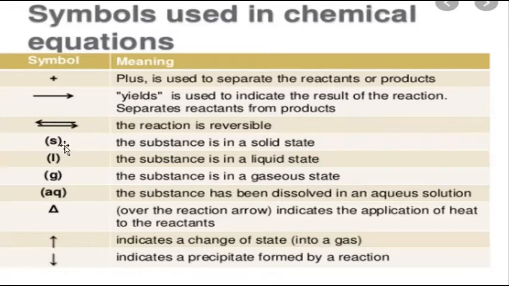If you see an S, it means the substance is solid. L is liquid, G is gas, and AQ is aqueous solution. If you see a delta sign, a triangle, it means heat is applied to the reactants. An up arrow indicates a state that changed into gas, while a downward arrow indicates a precipitate formed by a reaction. So let's move forward to the next topic.